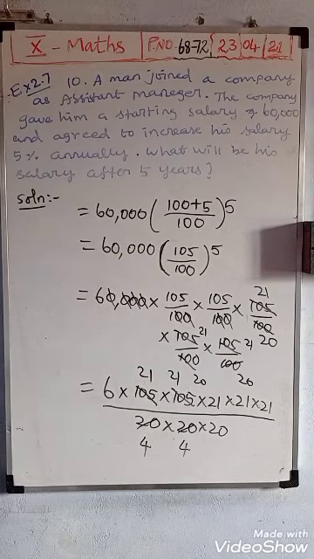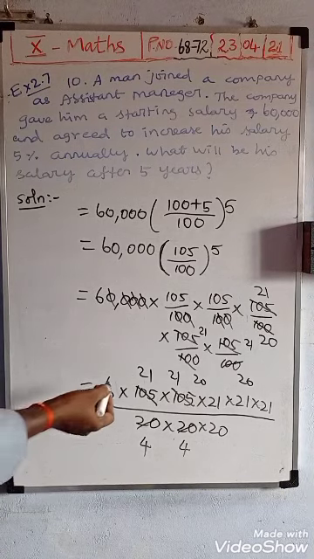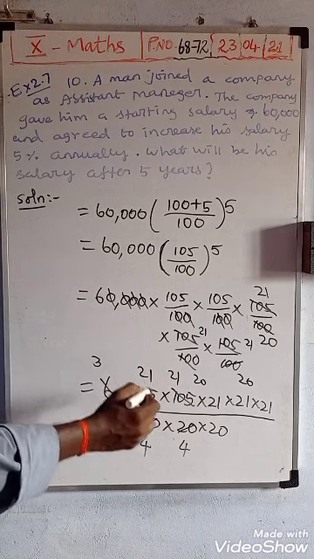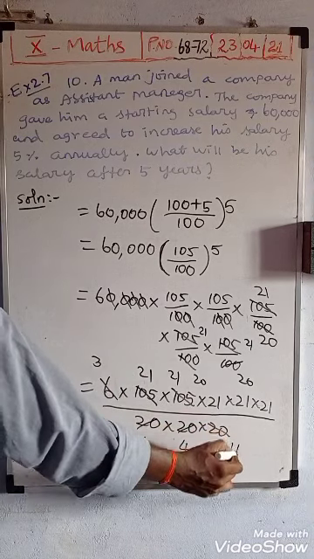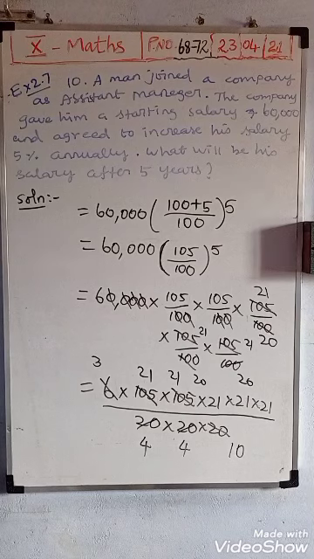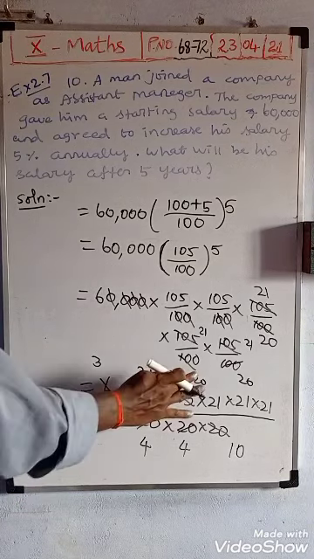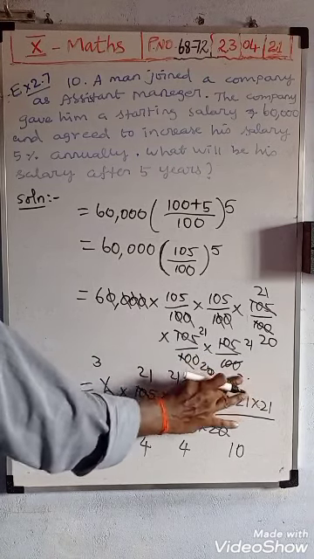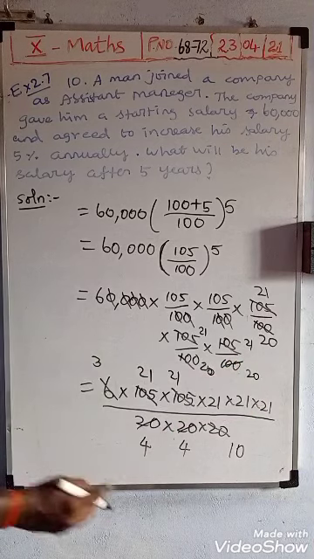Then next, this 6 and 20 you can cancel, 2 table, 3 2s are 6, 10 2s are 20. After that we cannot cancel.